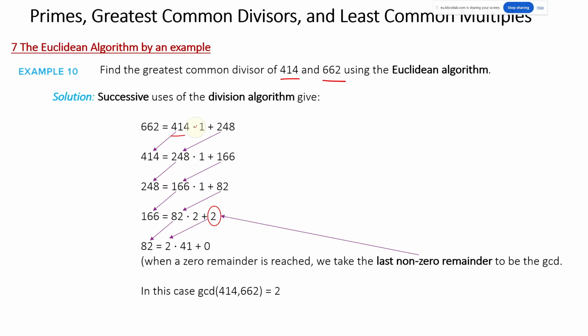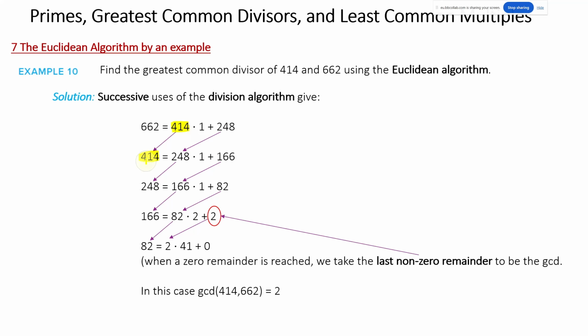You can see that, for example, this 662, let me just highlight. This 662 is going to be divided by the smallest number, and then that smallest number is again the one that is going to be divided.